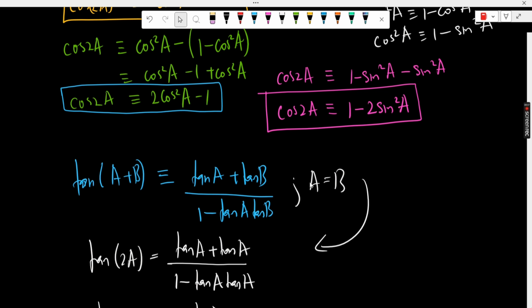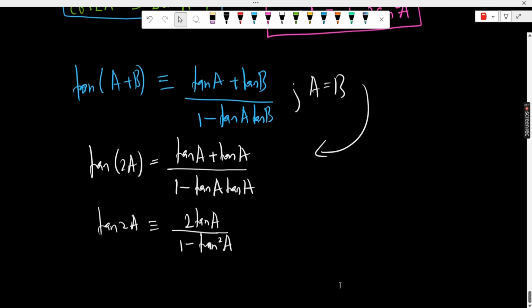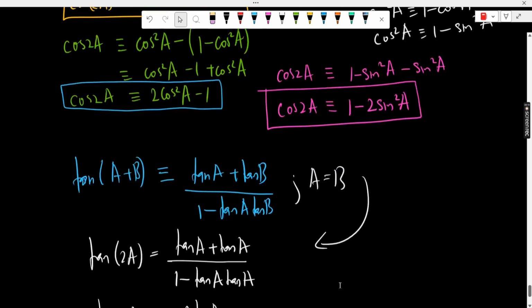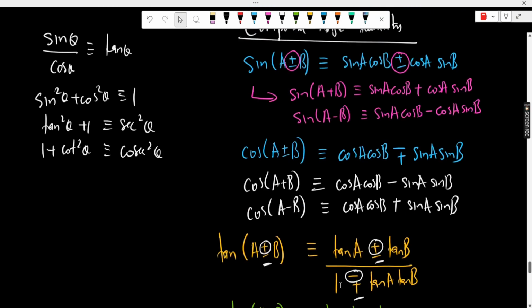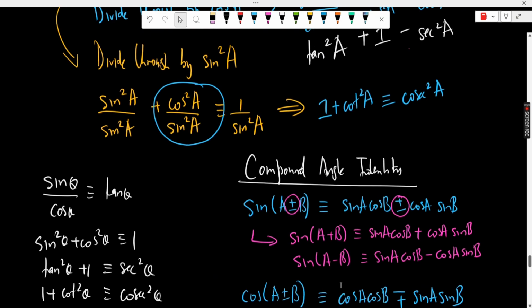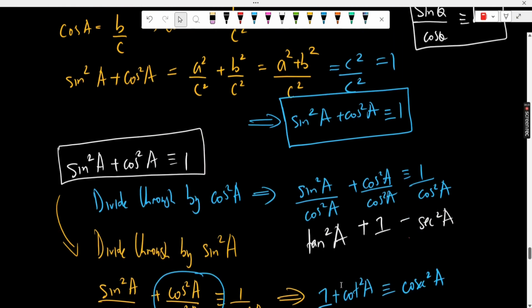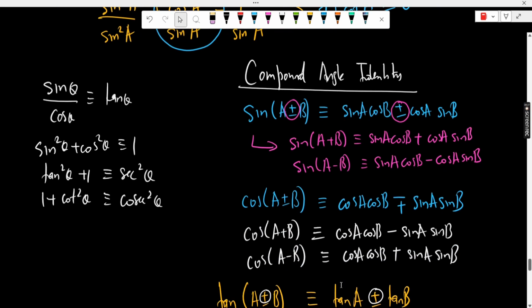Yes. So that takes care of our identities that we need to be able to use at this level, right? So with that in mind, we're going to go back now and look at proving some identities. But of course, we're going to focus on the first set that we looked at first, like these right here.